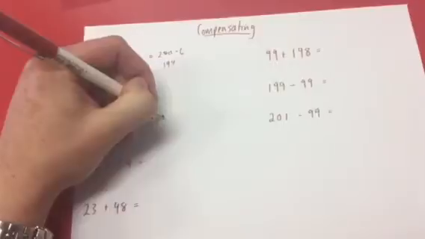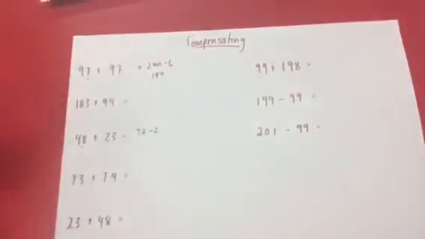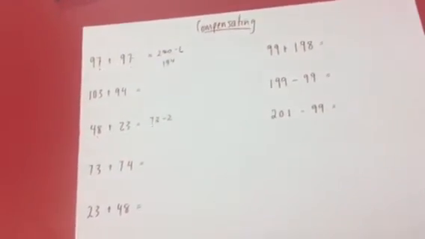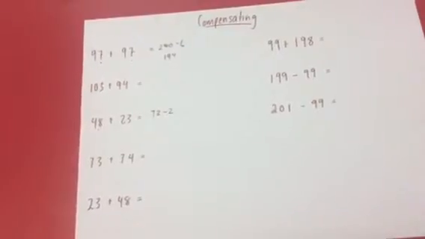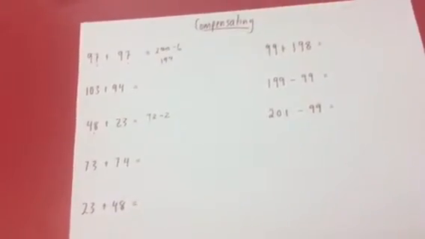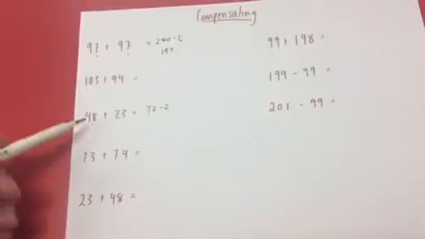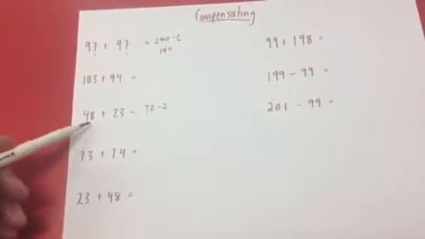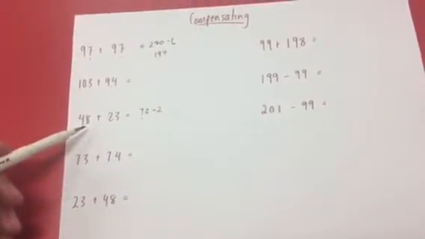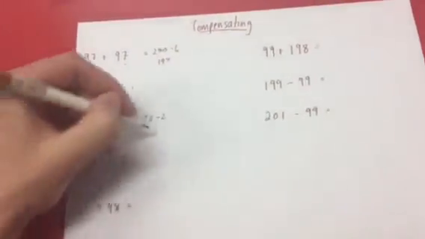Now, what's important to remember when I compensate is that I have to take away whatever it is that I've added. Right, so I was on 48 and I added 2 extra to make it 50, so I have to take away 2 at the end.